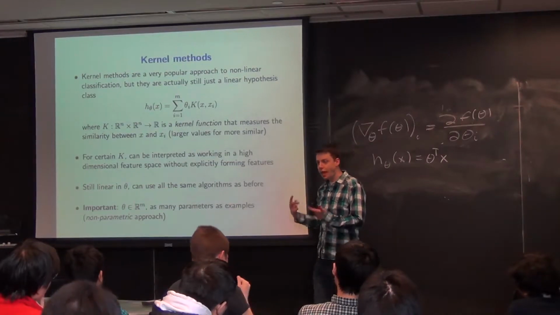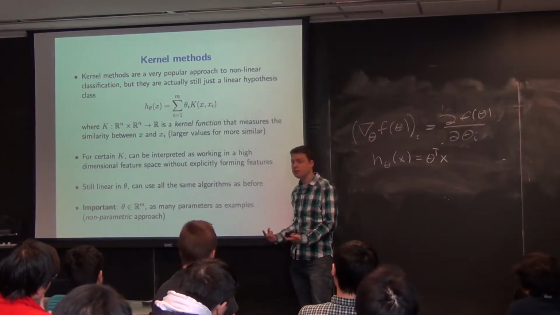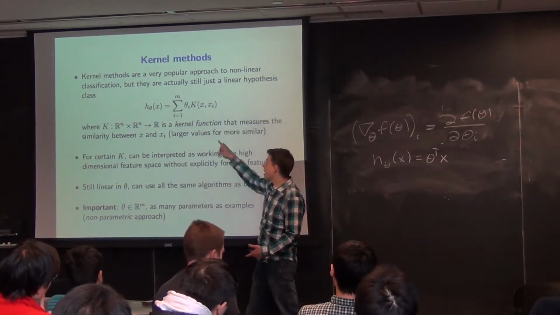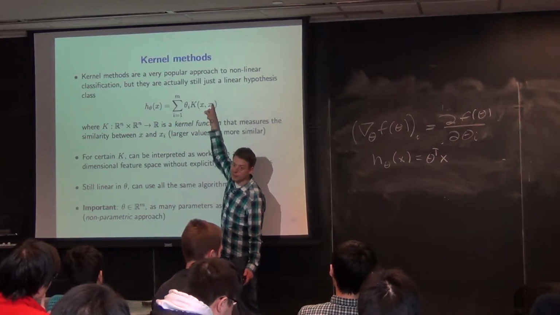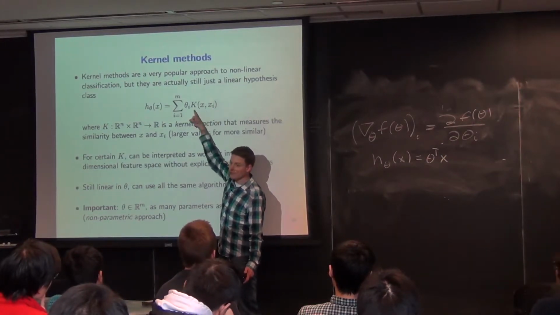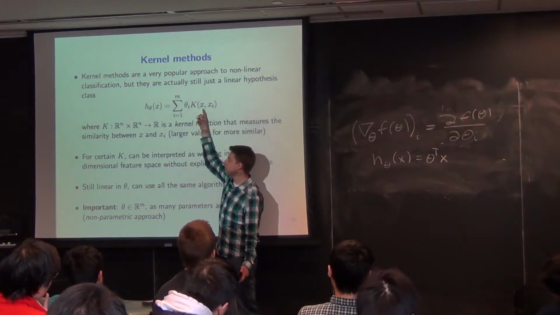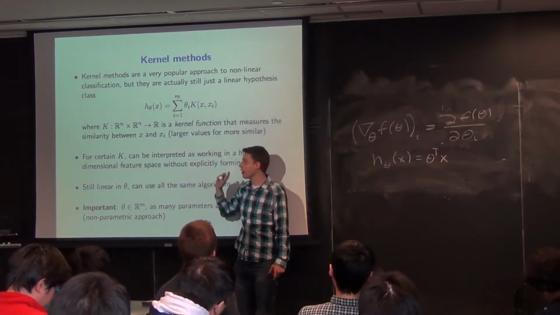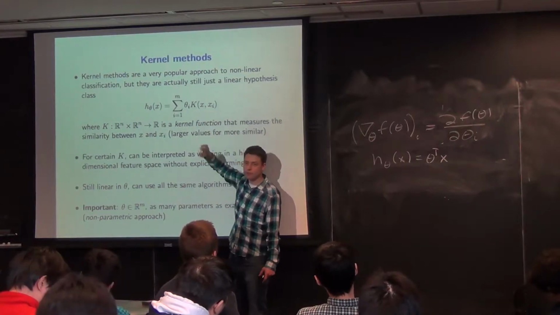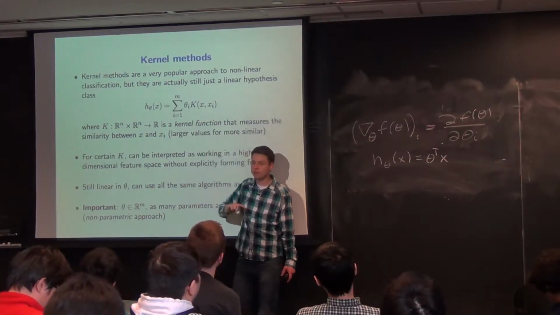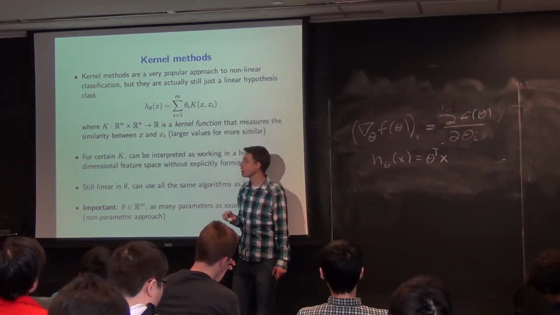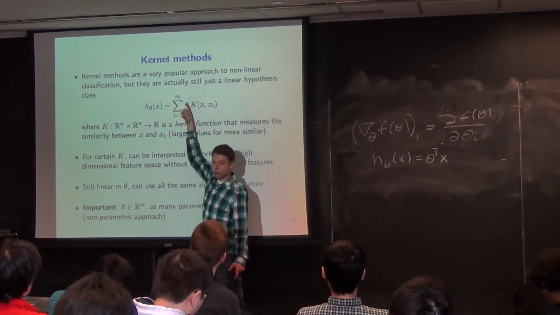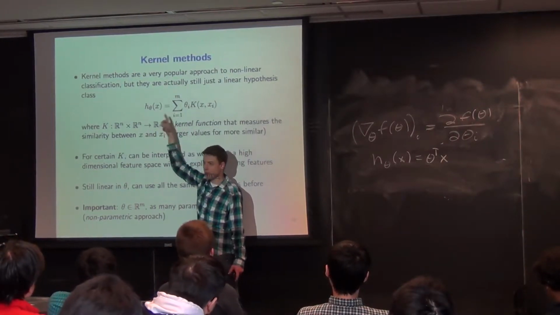Remember, we have m different examples in our training set. And so we take each of those examples, we compute some function called the kernel function. Intuitively, it measures similarity between these two points. So it's big if they're similar, small if they're not similar. Multiply those all by some weights, theta, and that's your hypothesis.